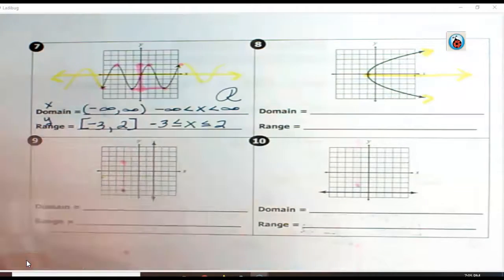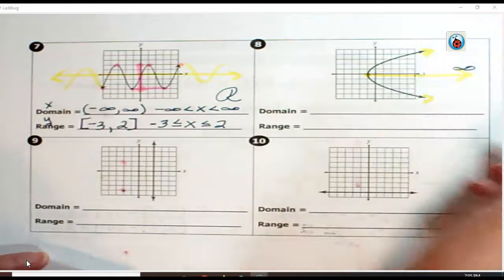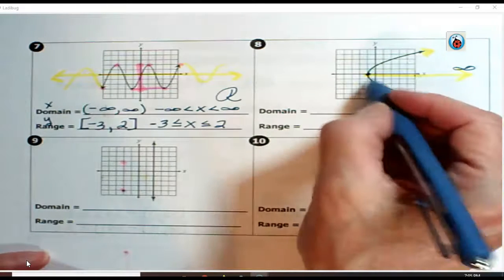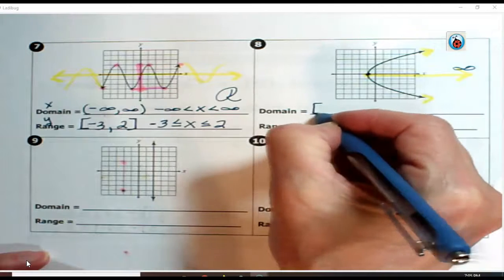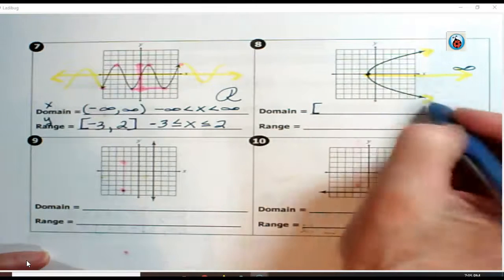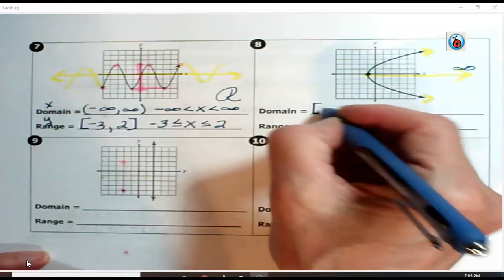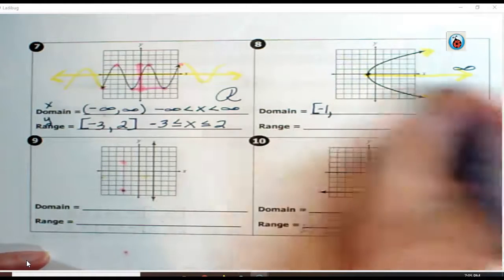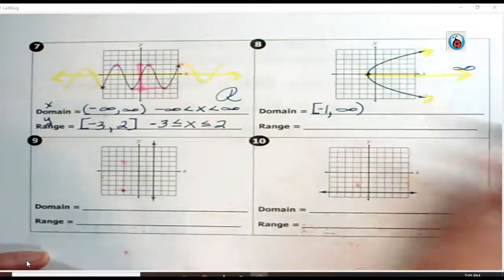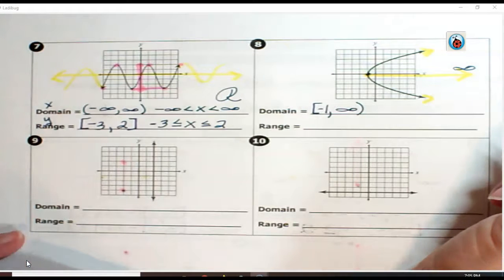So I've got a positive infinity here, and then this number right here. So if I take a look, it's going to be a bracket because it's on this sideways parabola. It's not a parabola, but it's sideways there. And so that's at a negative 1. And then I keep on going to the right to infinity. And there I have my interval notation.